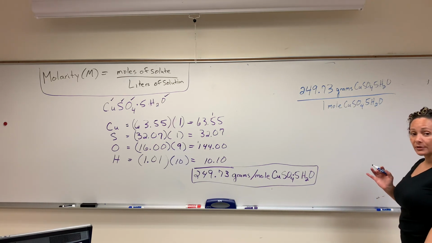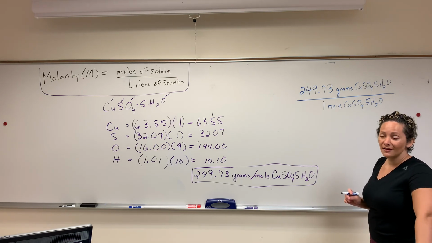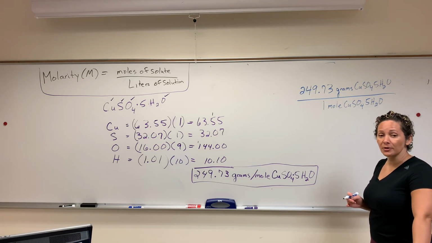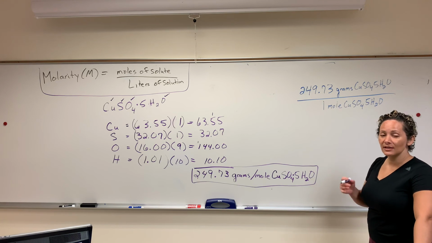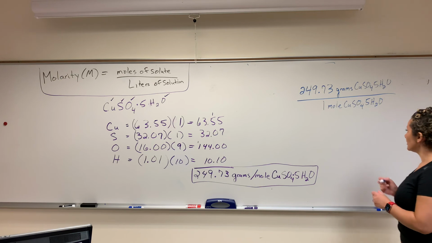Now, why is that important? Because you are going to use it in your calculations to, like I told you before, chase labels and get to the correct answer. It won't always be in that fashion.